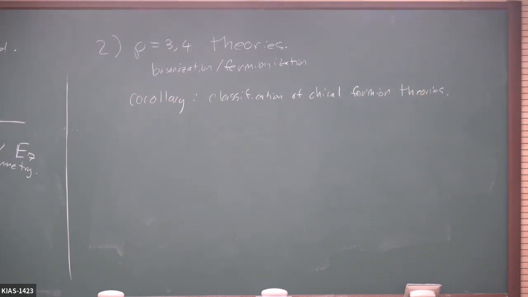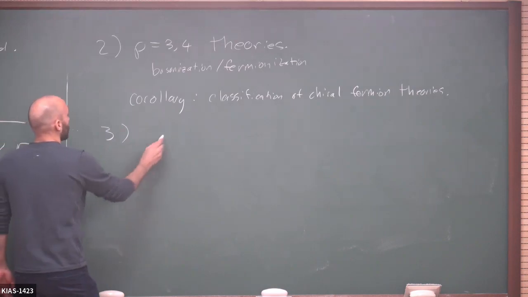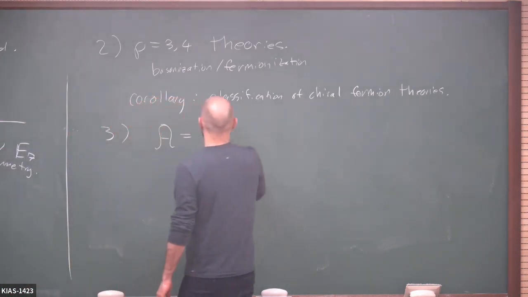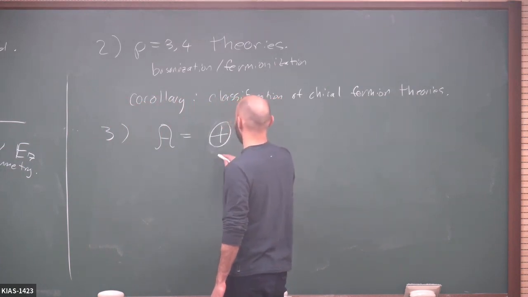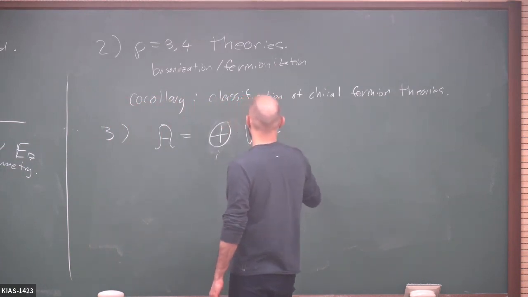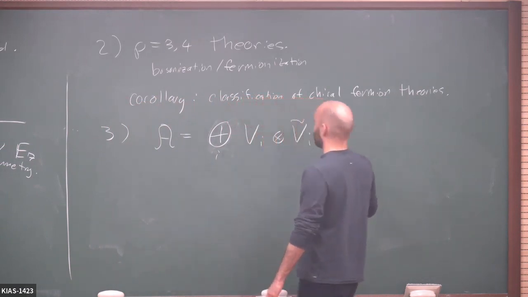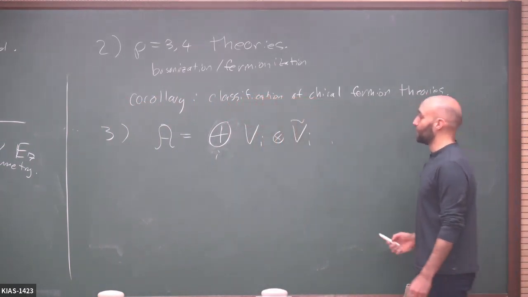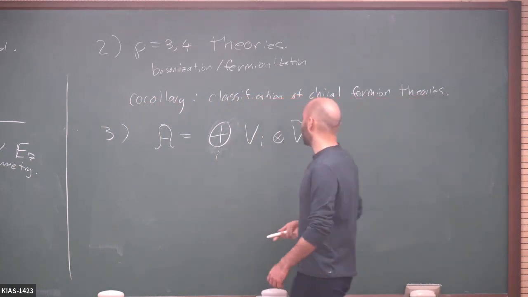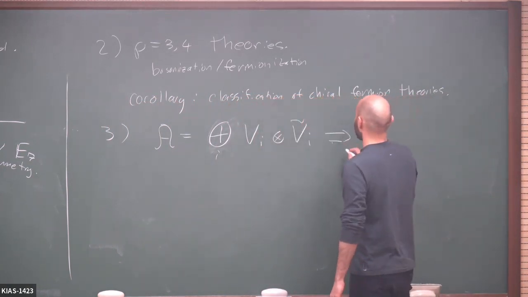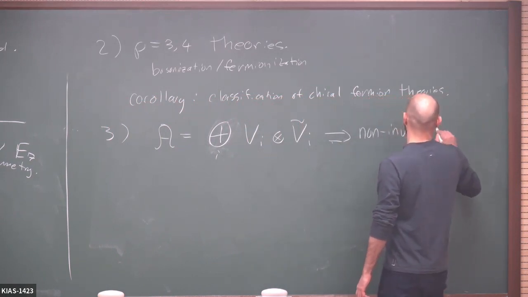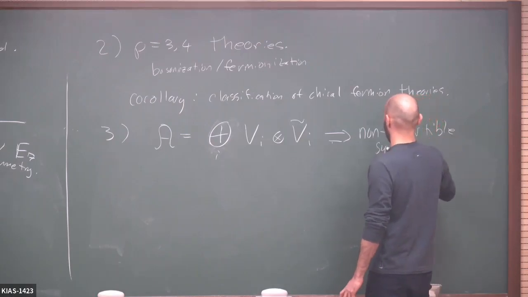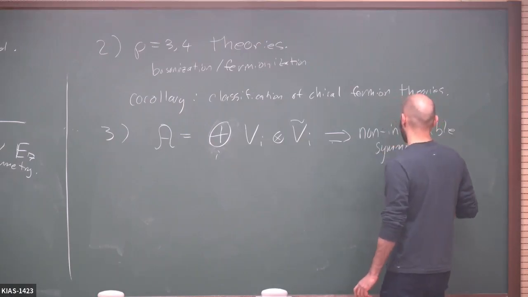Another direction is that I mentioned earlier that we work with these gluing decompositions. It turns out that whenever you have such a decomposition of A, it implies that A has some non-invertible global symmetries, generalized topological line defects.